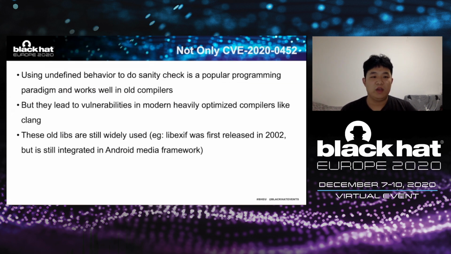Using undefined behavior to do sanity checks seems to be a popular programming paradigm and works well in other compilers, but it leads to vulnerabilities in modern heavily optimized compilers like LLVM. More importantly, these old libraries are still widely used. For instance, libexif was first released in 2002, but is still integrated in the Android Media Framework now.